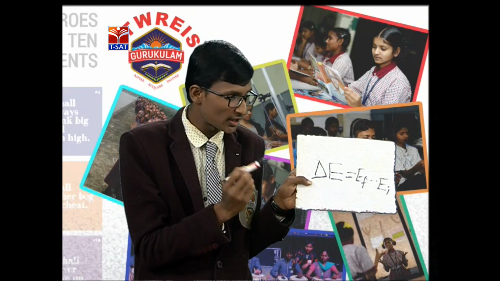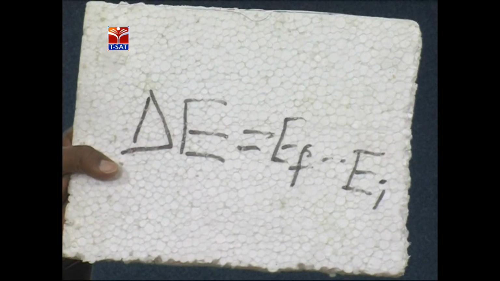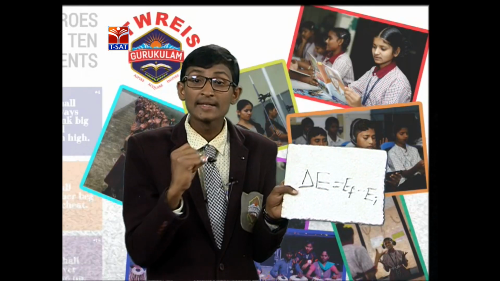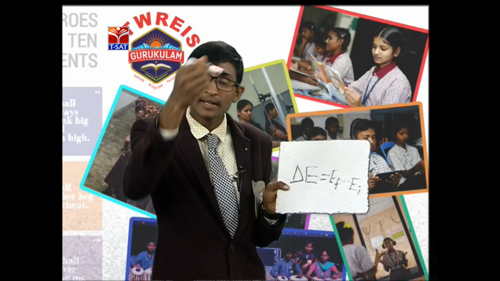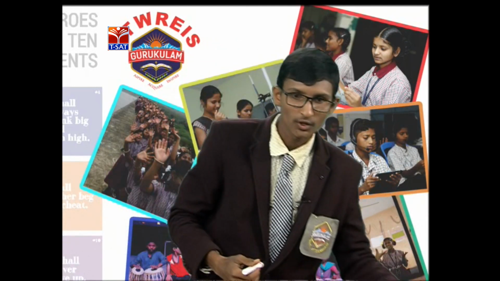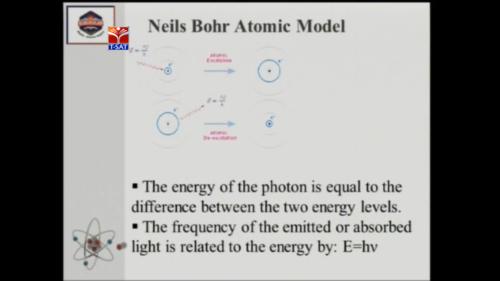Here EF represents the outermost energy level and EI represents the innermost energy level. The frequency of emitted or absorbed light is related to the equation E equals h nu, where h represents Planck's constant and nu represents the frequency of light.